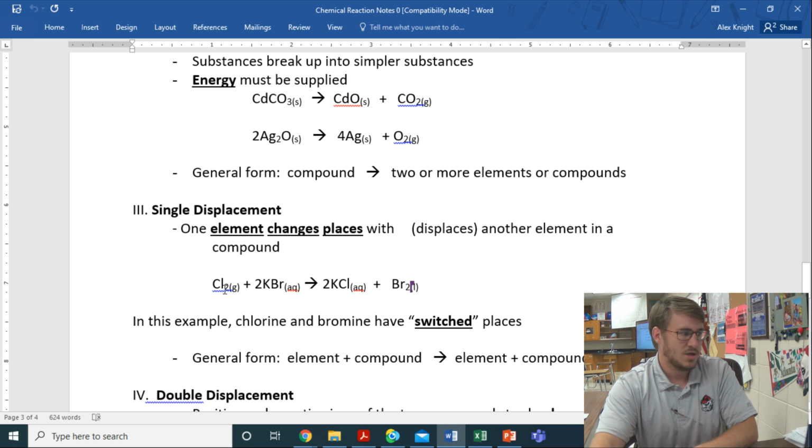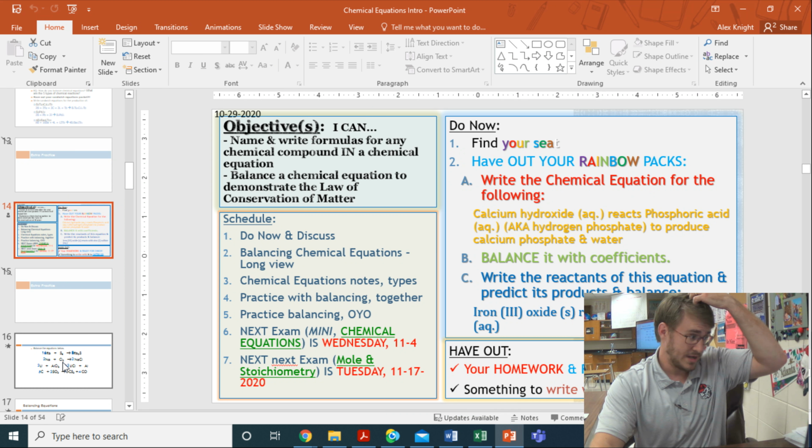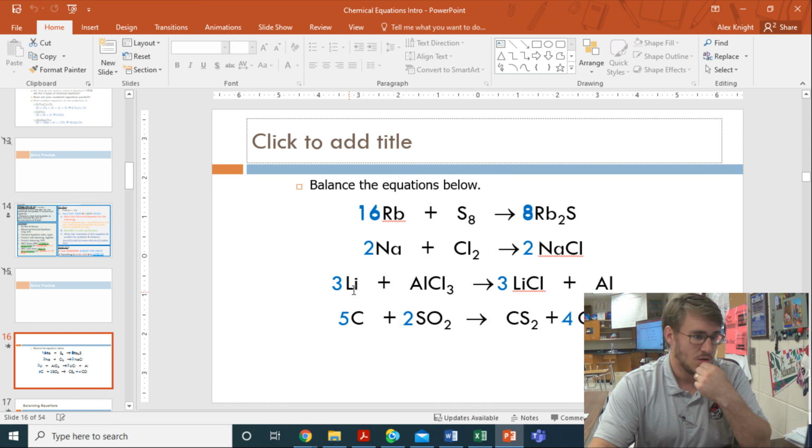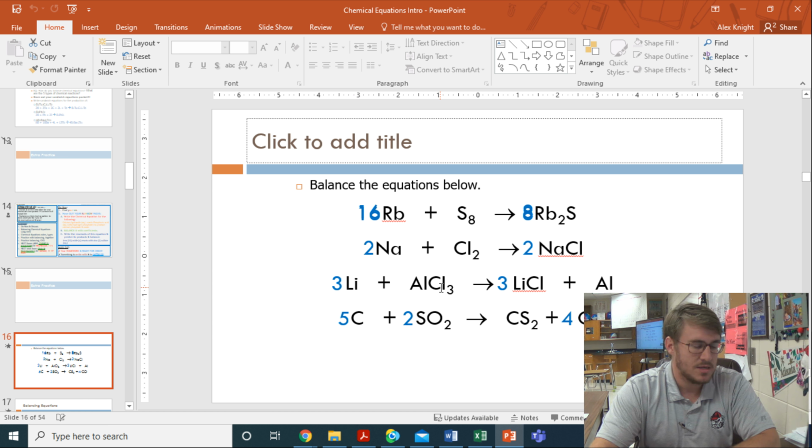You have the A species, you have the BC, becomes a BA and a C product. Now in our PowerPoint, we actually see a different situation over here. We see that lithium is actually an A cation, and there's a BC compound as a reactant. Forms a C product and the B product as well.